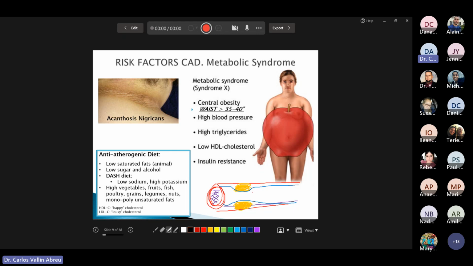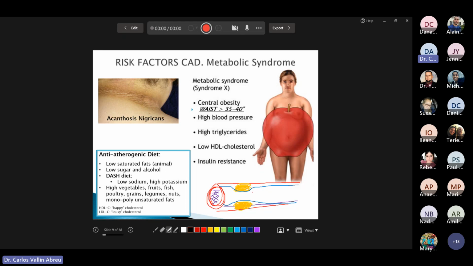Nevertheless, the fats of vegetable origin, olive oil, avocado, peanuts, etc., and the fat of certain animals, like the fat of fatty fish, like salmon, like cod, fish in general, are considered good fats. Those are unsaturated or monounsaturated fats that are good, but the saturated fat should be reduced to have an anti-atherogenic diet.